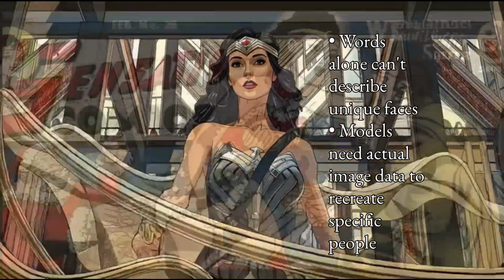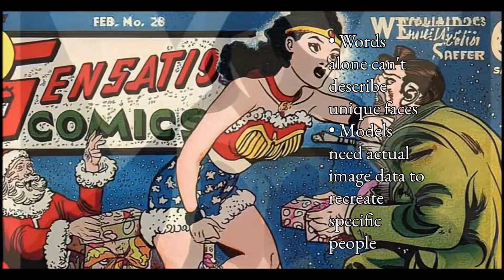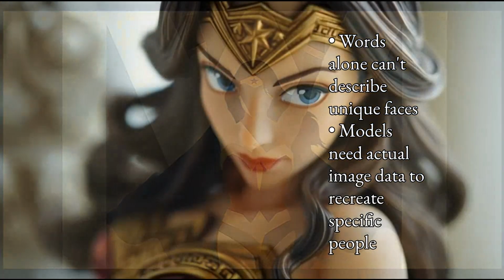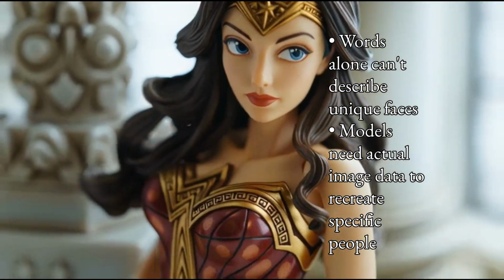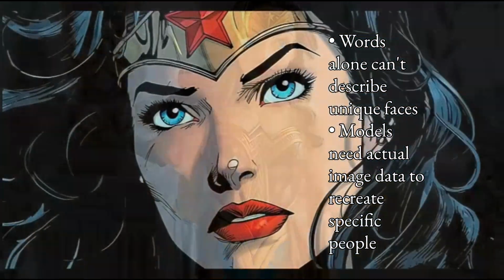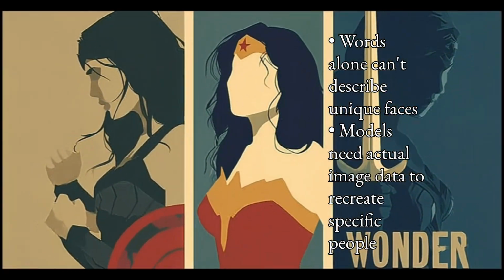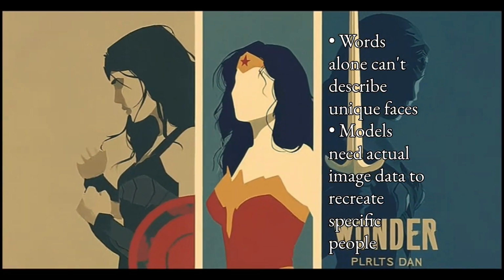But if you think about it, think about describing Gal Gadot in words. Just describe Gal Gadot, say, beautiful 30 something, olive skin, brown hair. But a million people or more are like that. Gal Gadot has a unique face.